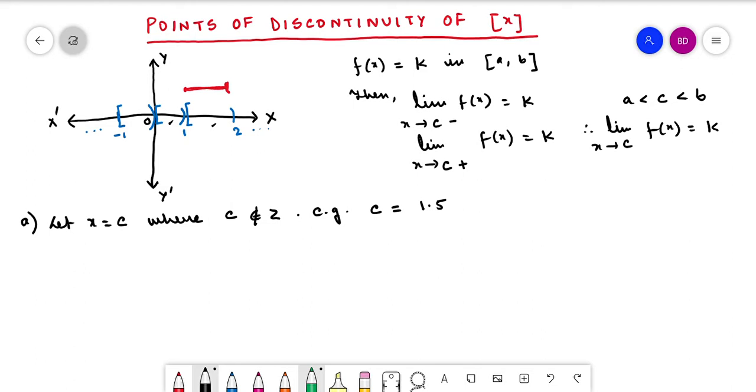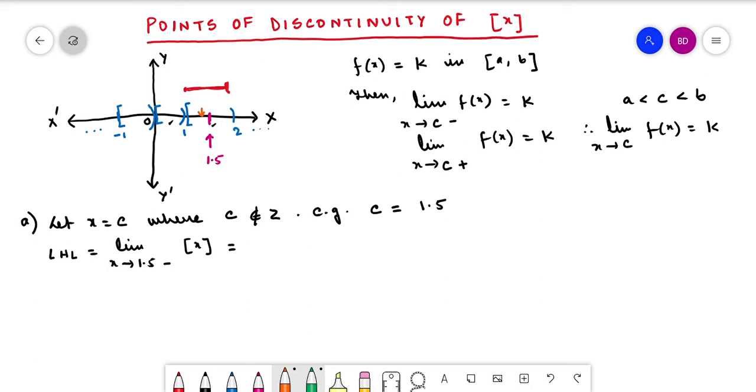So at the point c, where c is non-integer, this 1.5 is somewhere here. This is my 1.5. Now if I want to check the left hand limit, it will be the limit as x tends to 1.5 from the left of box x. Now let us see what this value is. x tends to 1.5 from the left, that means x is somewhere here, to the left of 1.5 and very close to 1.5.